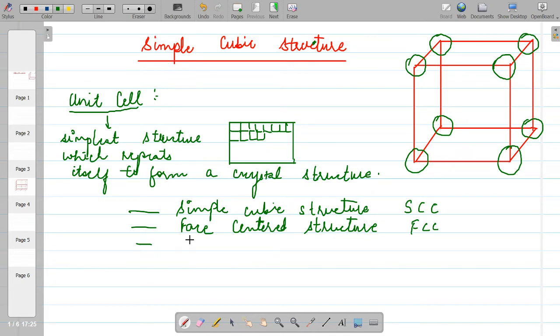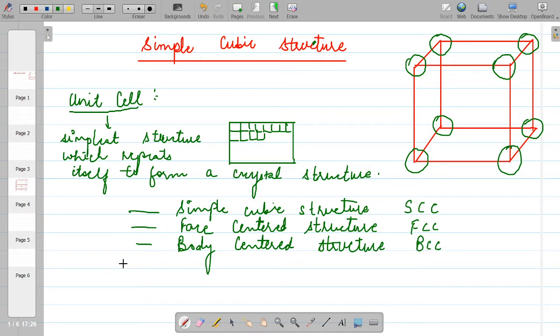And the third type of unit cell is the body-centered structure, which is abbreviated as BCC.